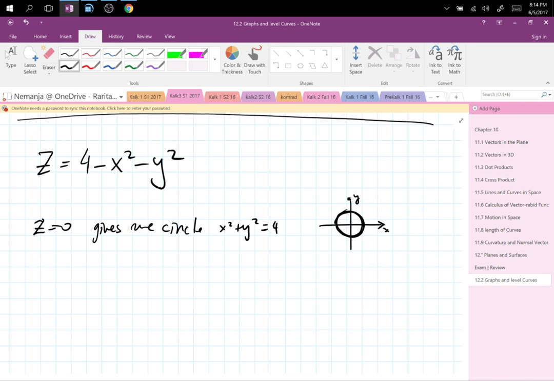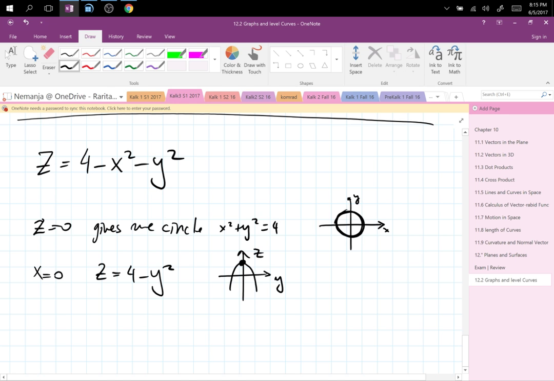What happens if I set x equal to 0? If I set x equal to 0, I get z equals 4 minus y squared. Well, in my yz plane, all I get is a parabola, and this is a yz plane.